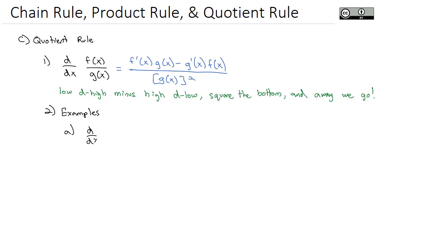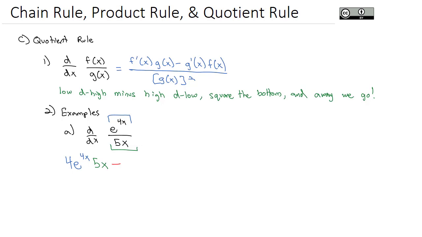Let's find the derivative of e to the 4x divided by 5x. Well, we've got a top function, which we're going to call our first function, and a bottom function that we're going to call our second function. We take the derivative of the top, which is e to the stuff times the derivative of the stuff using the chain rule, times the bottom, which is 5x.